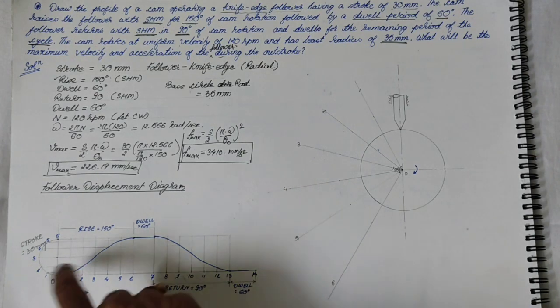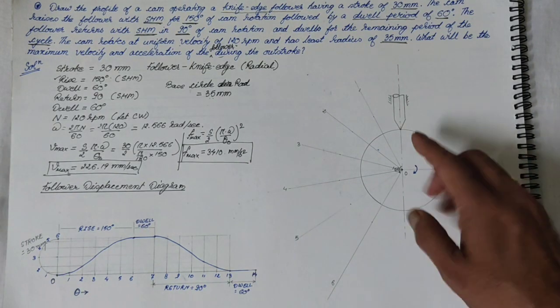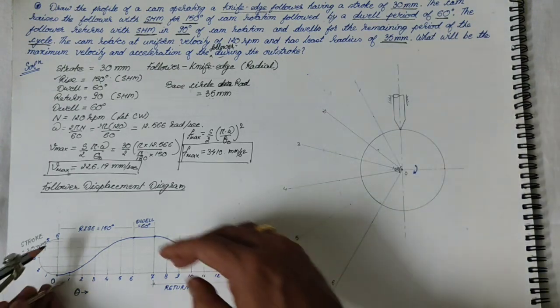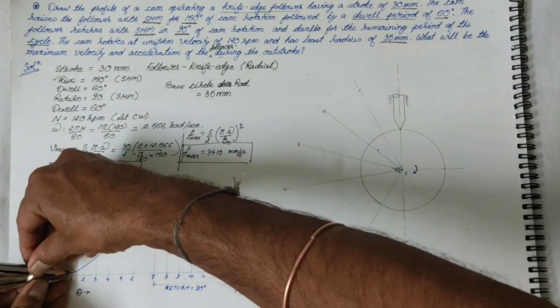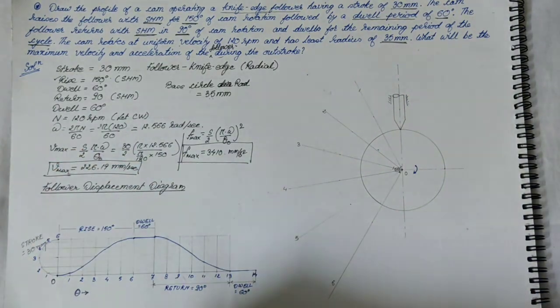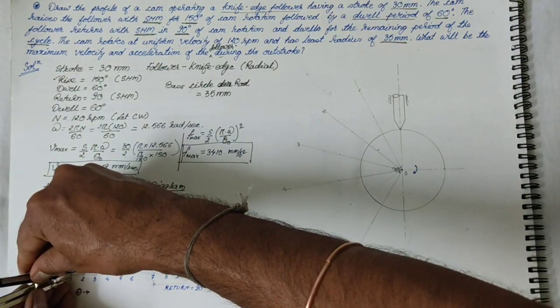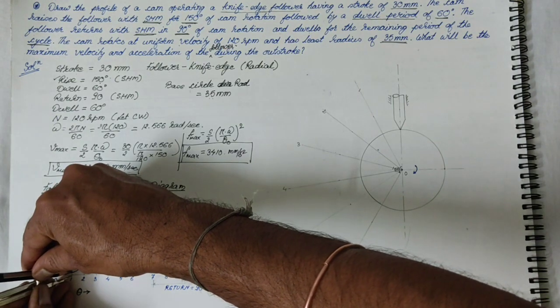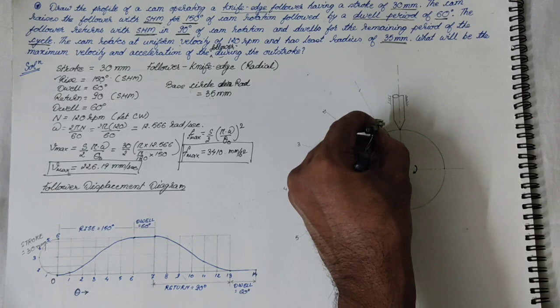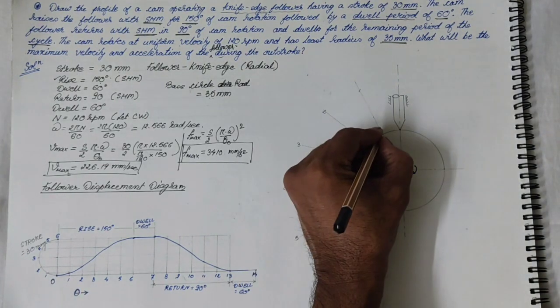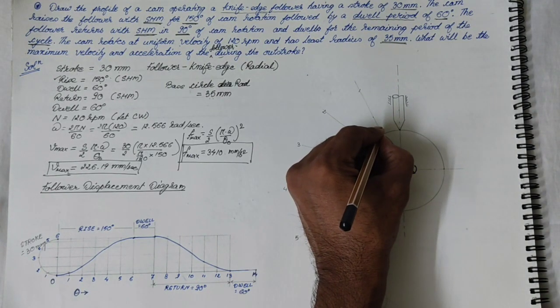So now we take help of the displacement diagram. When it has turned by the first step, we take the displacement value from the displacement diagram and mark the first displacement. So this is the first point.